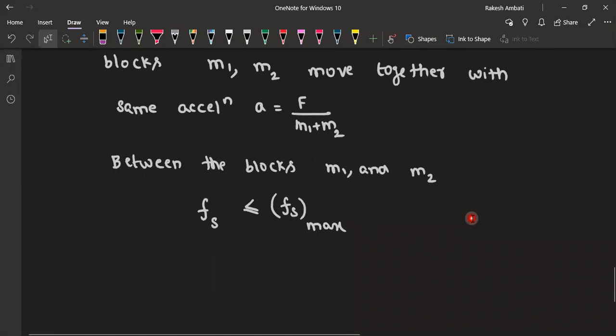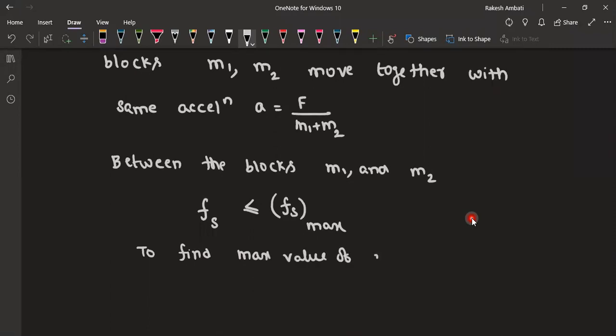Equal to. To find the maximum value of applied force F up to which they are moving together.